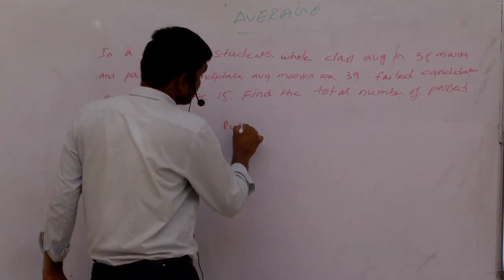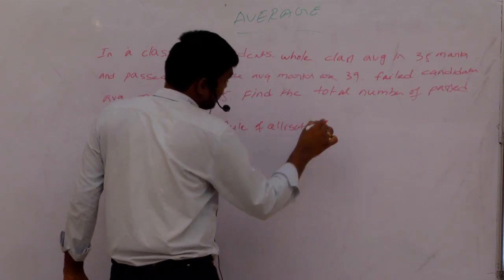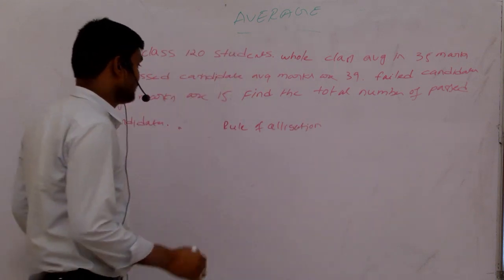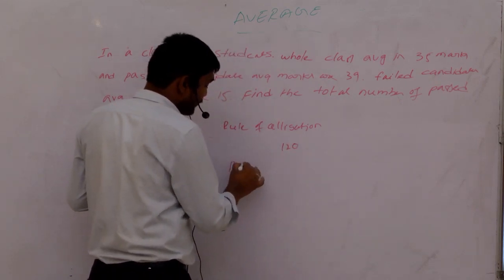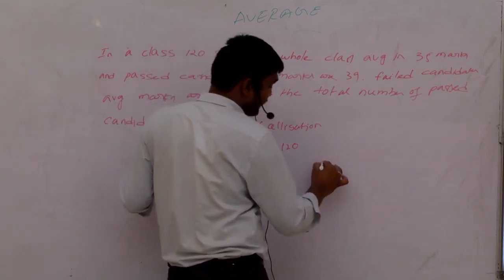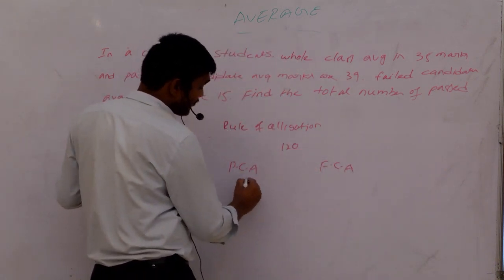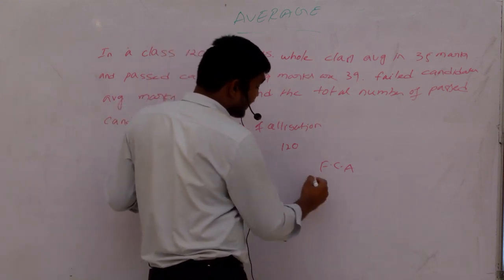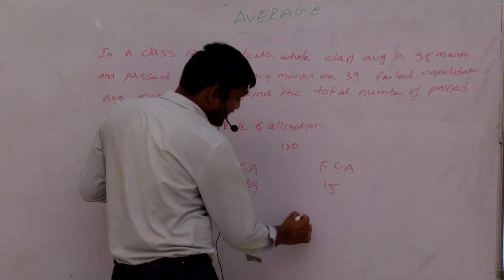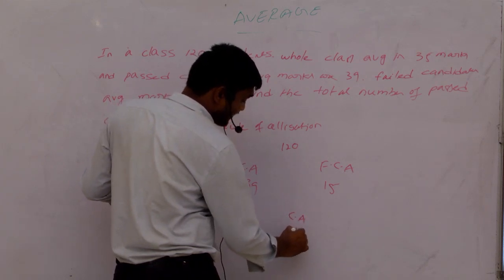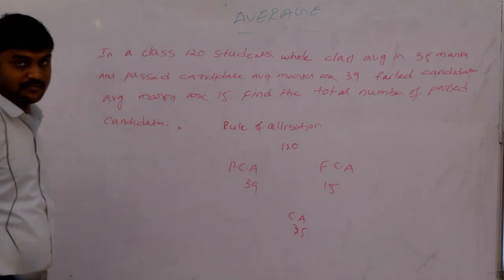Out of 120 students, passed candidates' average marks are 39, failed candidates' average marks are 15, and the class average marks is 35.